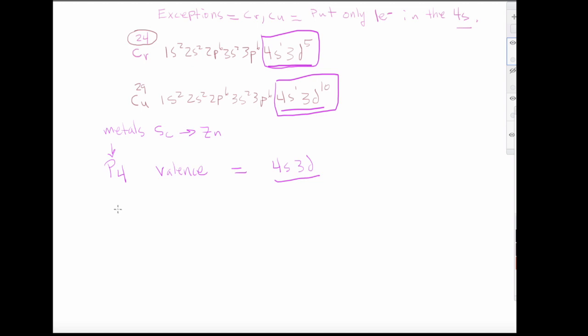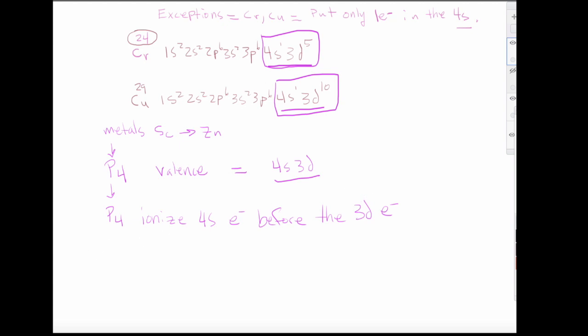All right, and then the second thing is that for the P4, and again, I'm talking about the same thing here, the metals, Sc through and including zinc, they ionize 4s electrons before the 3d electrons. This is important.